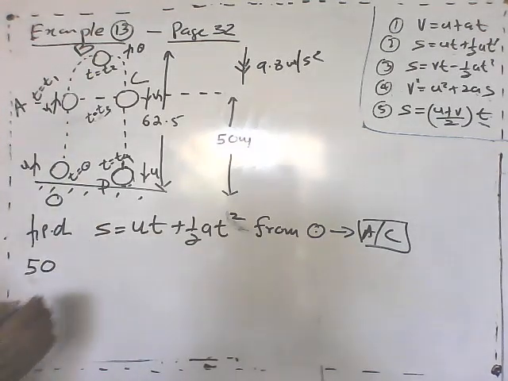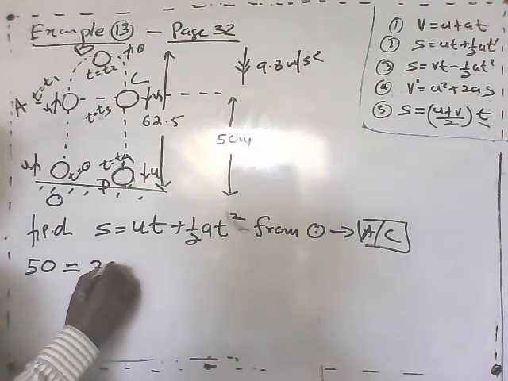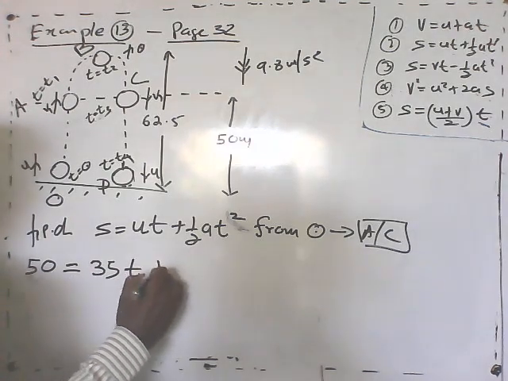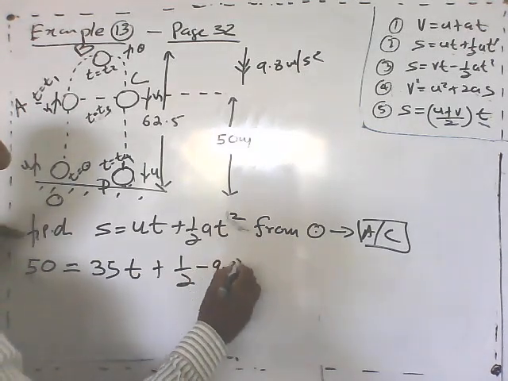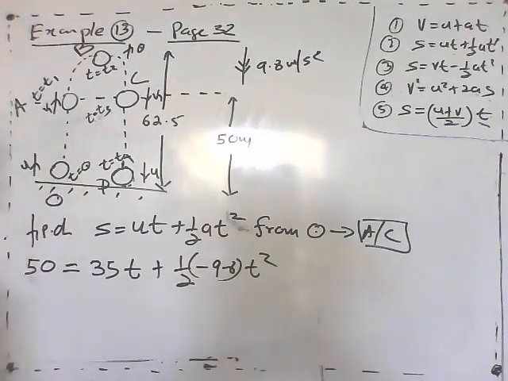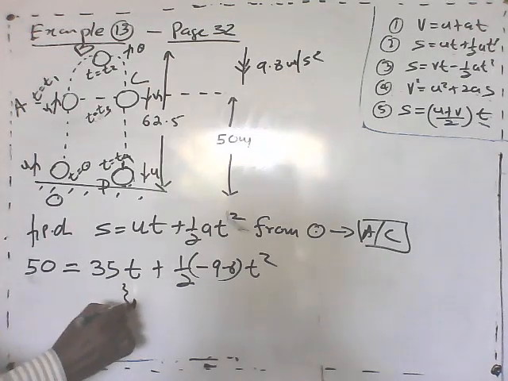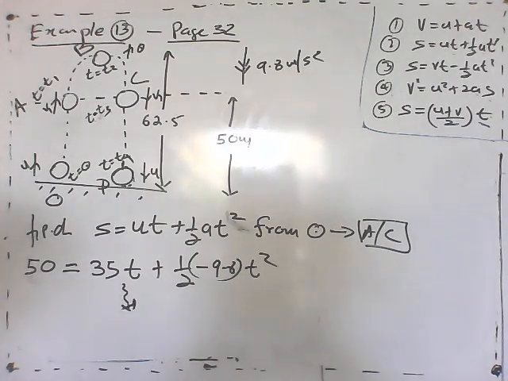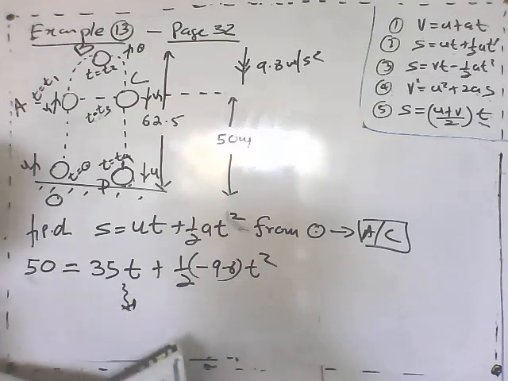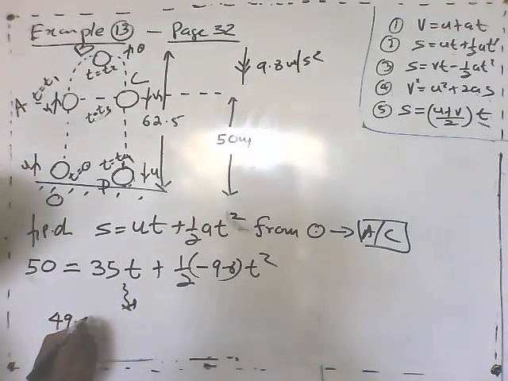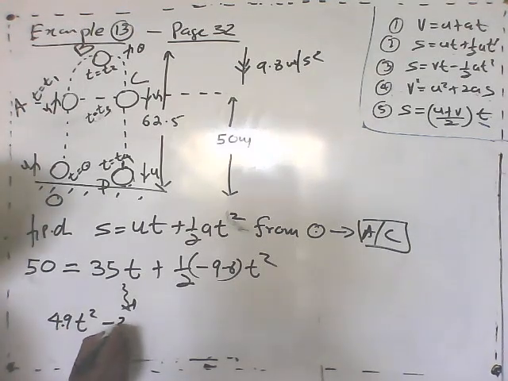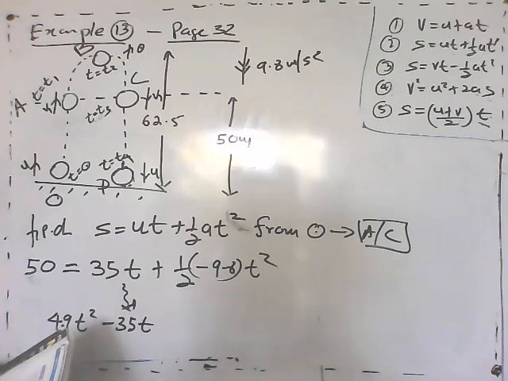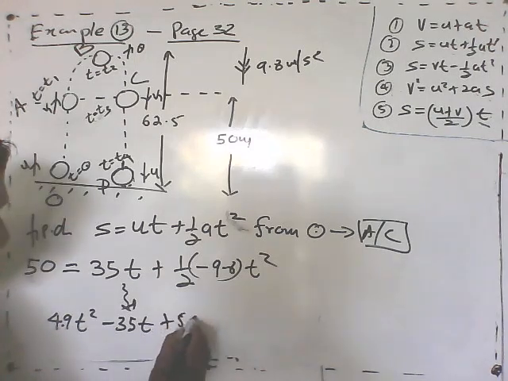So 50 is equal to 35 T plus half, minus because we are taking upward as positive, 9.8 T square. When you simplify this, you will get a quadratic equation: 4.9 T square minus 35 T plus 50 equals 0.